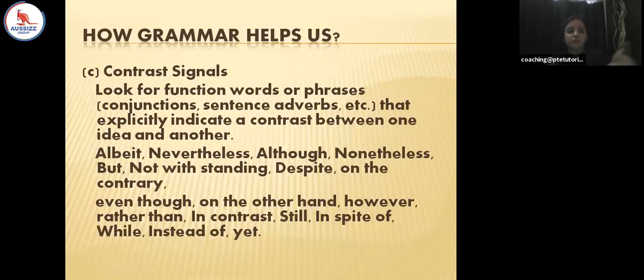Simple. These are signals. I have written some cohesive devices like albeit, nevertheless, although, nonetheless, but, notwithstanding, despite, on the contrary, however, on the other hand, rather than, in contrast. These can never be the opening statement, but provided.